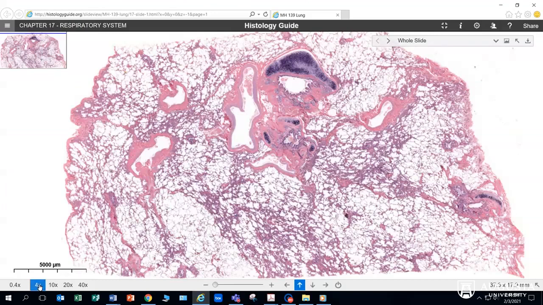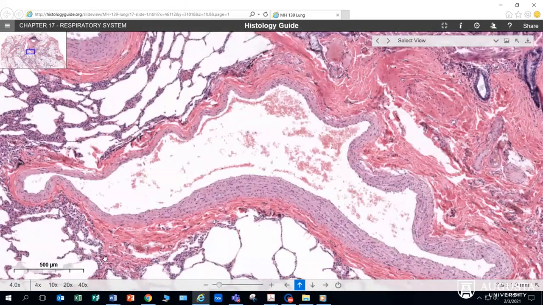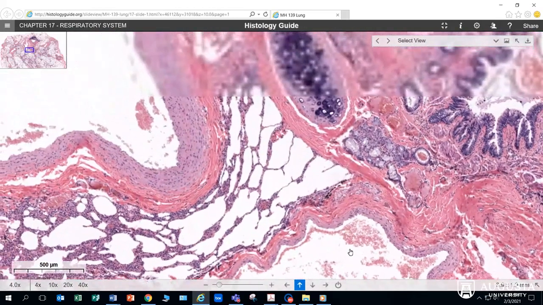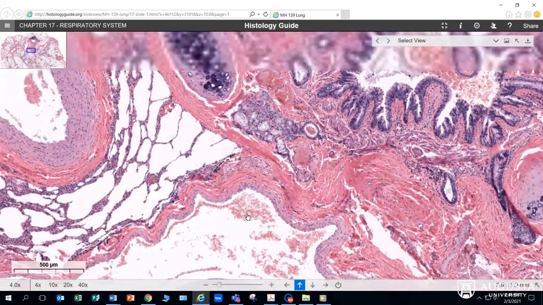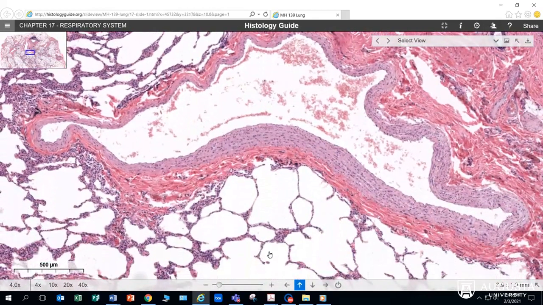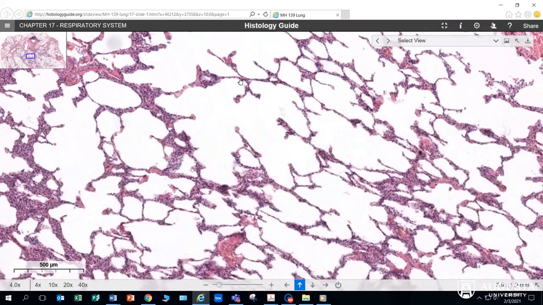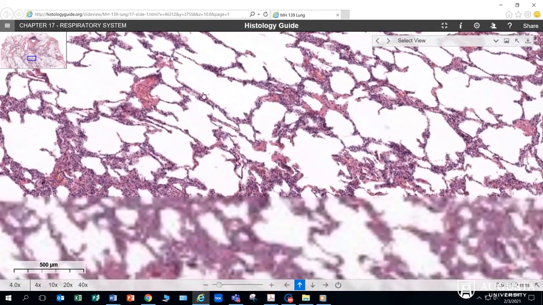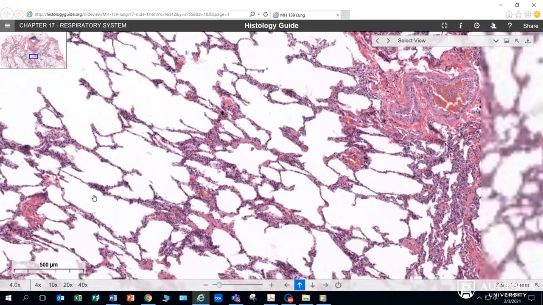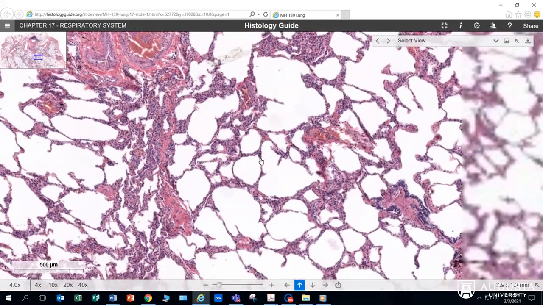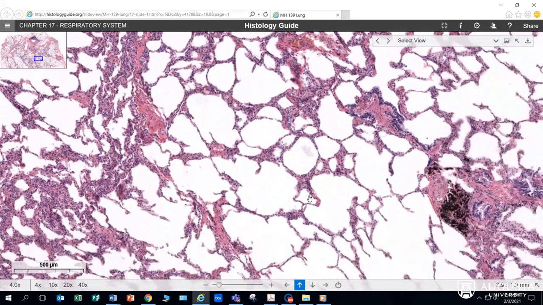And if we were to look at this at 4x, we see these large structures, and in fact these are blood vessels and bronchi and other larger structures, and that's not what we want to look at. What you're looking for here are those alveoli, and those are these structures right here. I'm going to take us to an area where I think it'll look really nice. And let's look right over here.